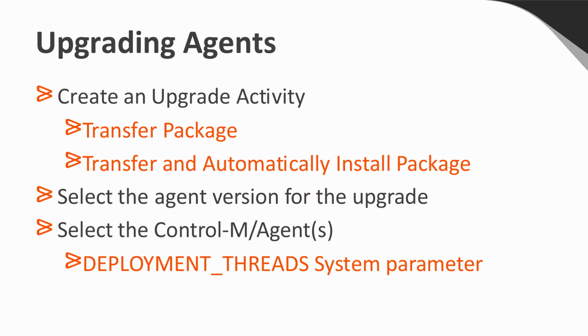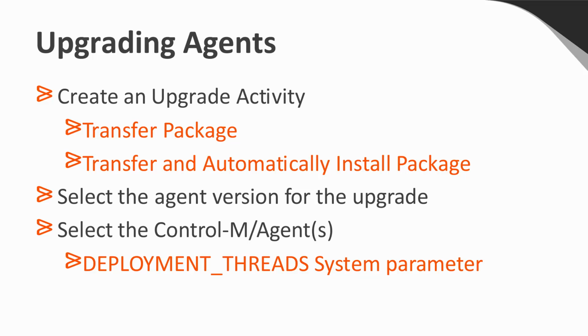Now that we know how to set up the tool, let's talk about how we can start upgrading agents. The first step is to create an upgrading activity. Here we have two options. Transfer package: that option will transfer only the installation package to the specific Control-M agent computers. After the package is transferred, we can manually start the upgrade process at any time from the agent deployment window.